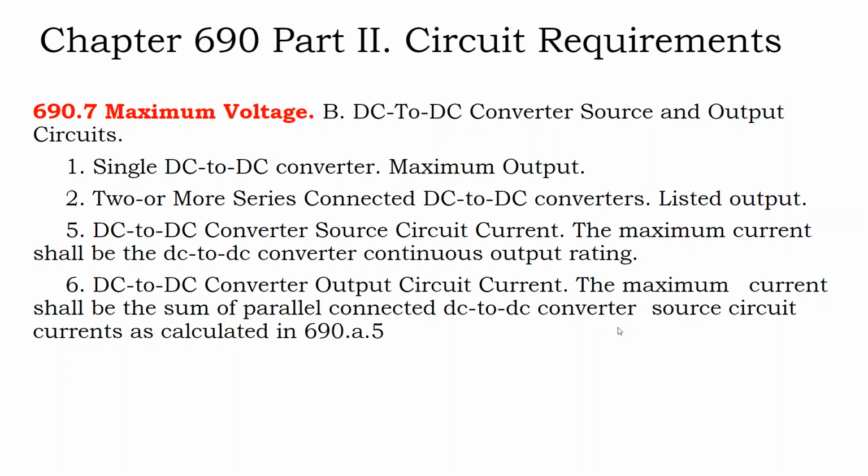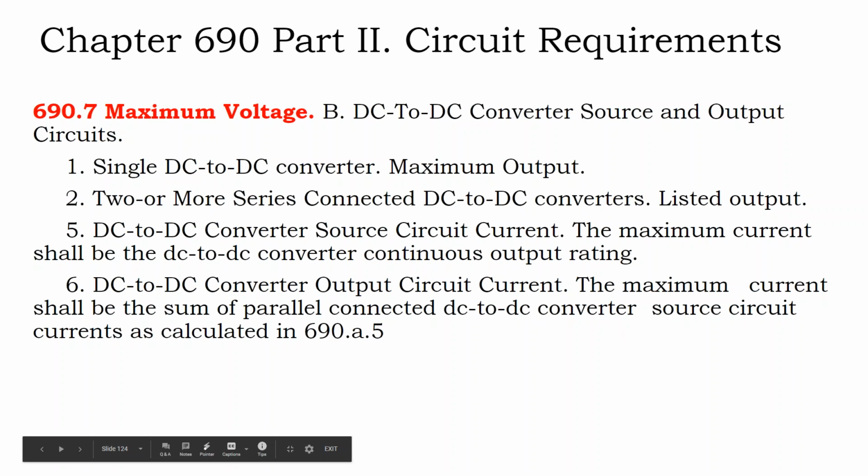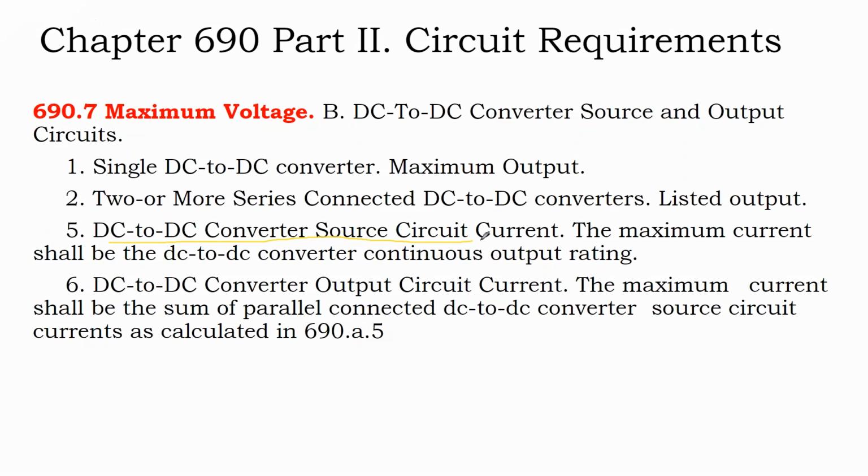So the maximum voltage for DC to DC converter source and output circuits, it says DC to DC converter source circuits shall be the continuous output rating of the DC to DC converter. Okay, what that means is you've got a solar panel with a DC optimizer box behind it.